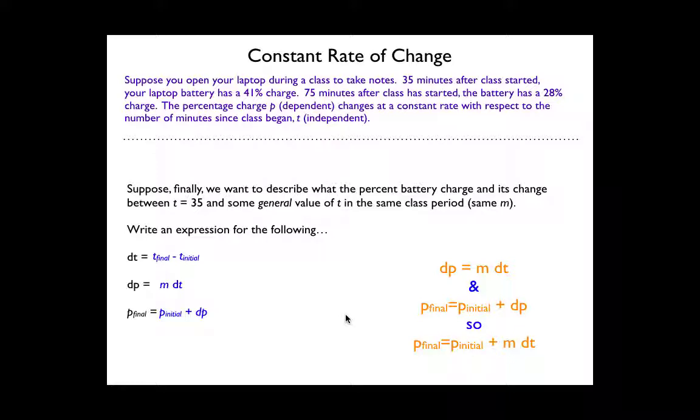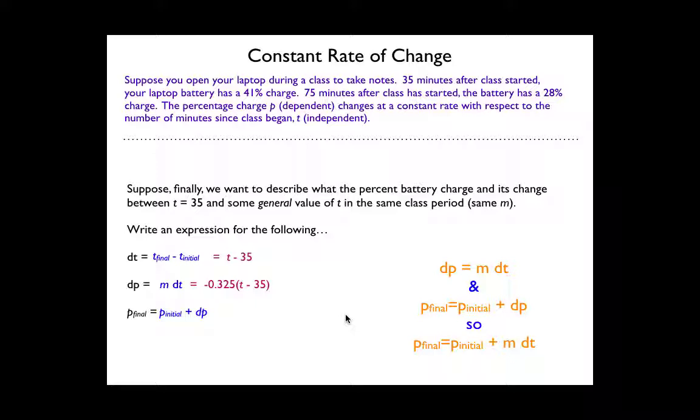So instead of final minus initial, I'll use the top relationship: the change in percentage battery charge, or the variation that the battery charge goes through during an interval of time, is a multiple of the length of the interval of time that we're interested in. So number-wise, negative 0.325 times the dt that we just found, t minus 35.